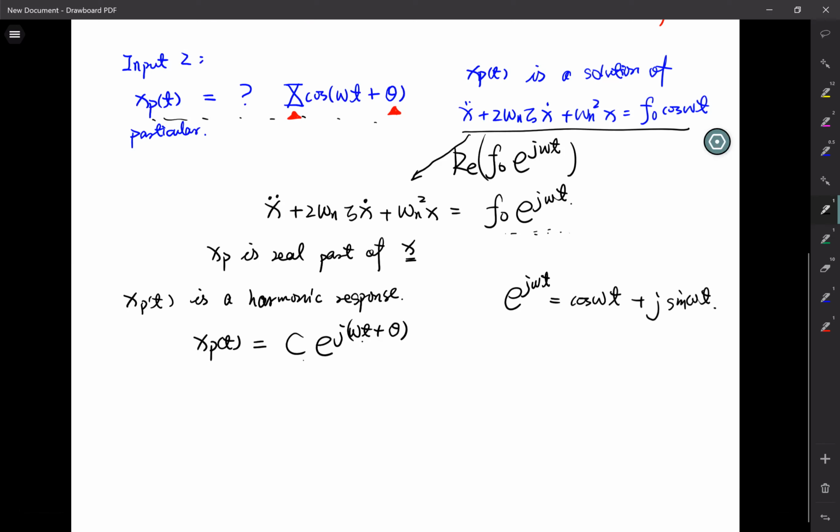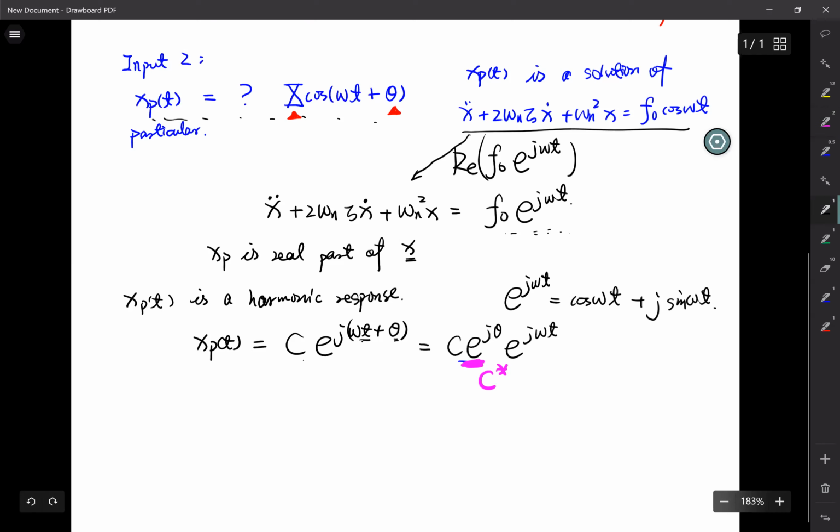So let's do another trick. Because omega t is time dependent, but theta is actually a constant, you can move your theta in front and keep e^(j omega t) at the end. You just split the term. And then the terms in front form a new variable, which we can name C star.